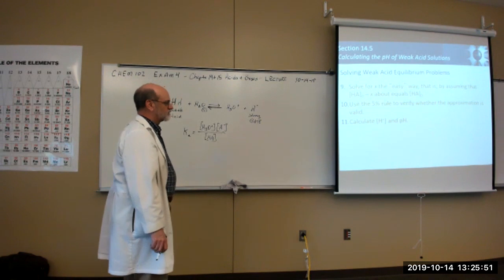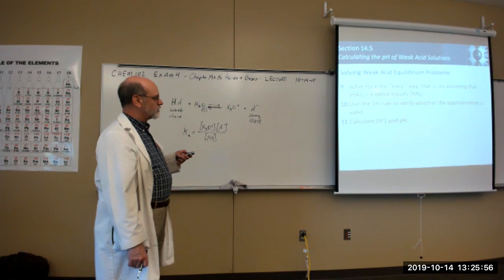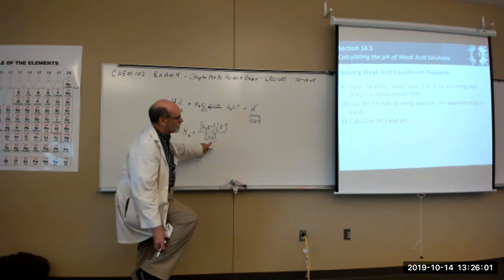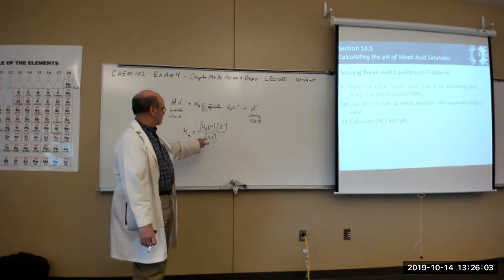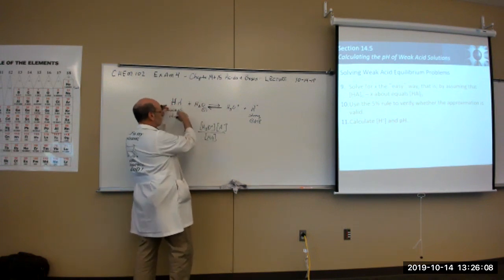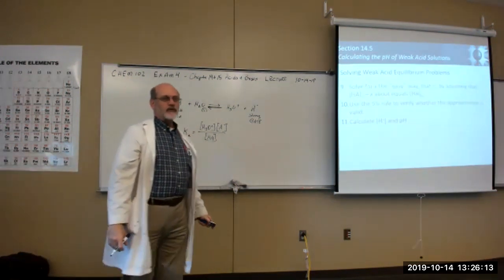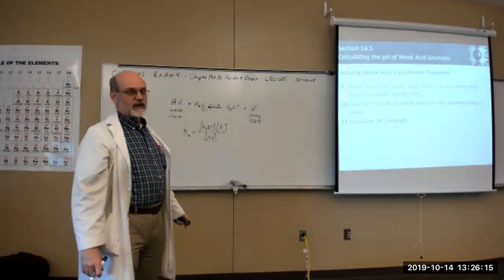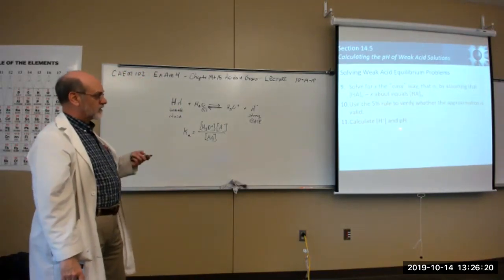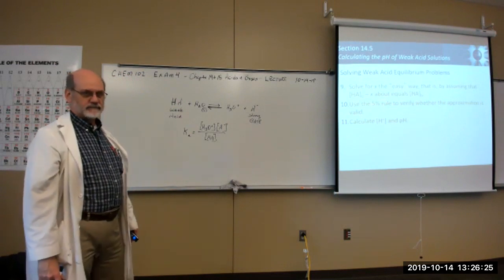Most of the time, not all the time, but most of the time, we're going to have the concentration of this one minus X, right? Because it's going to go from here to here, and we're going to lose some of it. So it's nearly always going to have this concentration minus X. That X is going to be so small because it's a weak acid that we can ignore it. Sometimes we will have to check to be sure it's within the 5% rule, but more often than not, it will be.